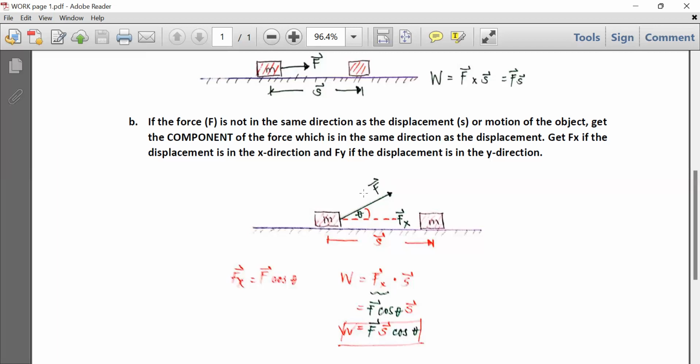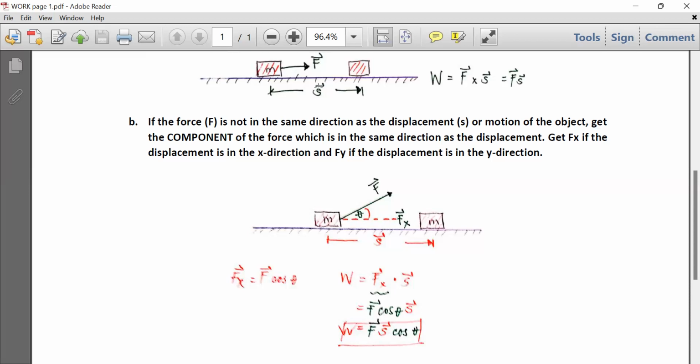When you solve for Fx, you multiply the force by the cosine of theta. Then substitute that here. Fx is F cosine theta, and then you multiply that with displacement, and you get work is equal to Fs cosine theta. So if force is applied at a certain angle, the formula for work is Fs cosine theta.